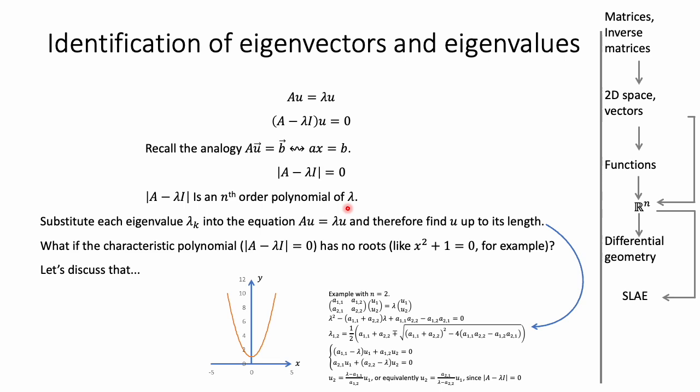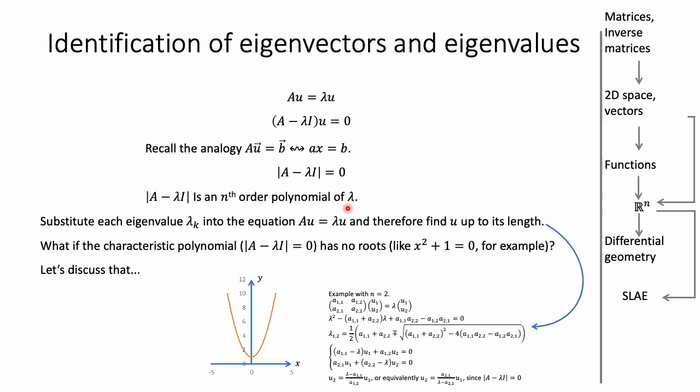It's computationally a little bit expensive, but modern computers do it just fine, very quickly. And then we find several roots of this polynomial. They all will be eigenvalues to the matrix A by definition.